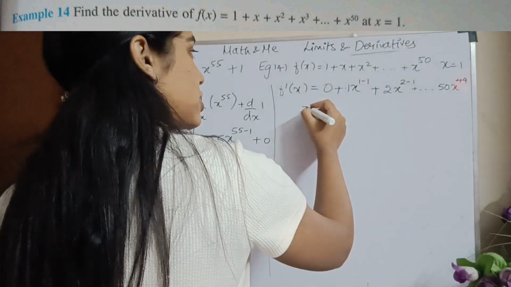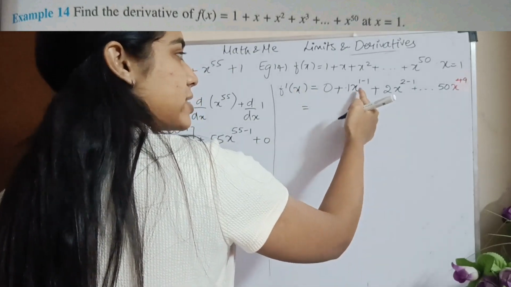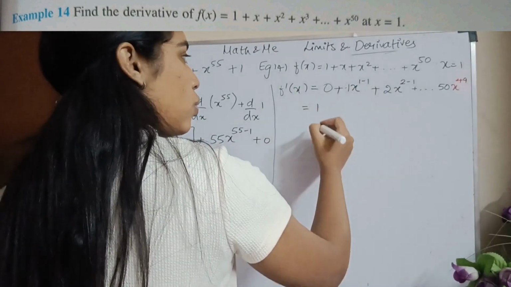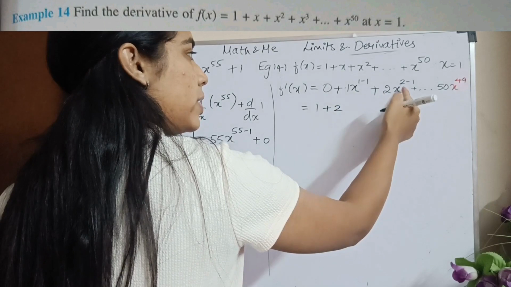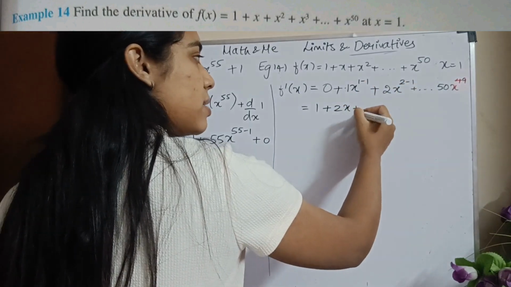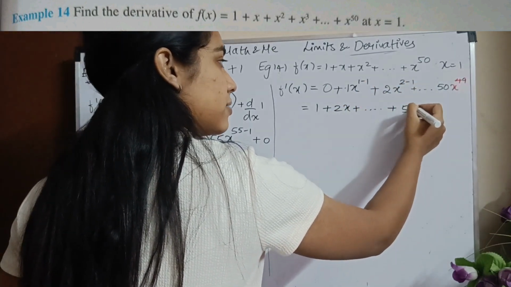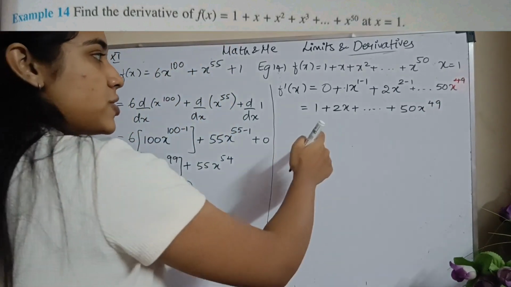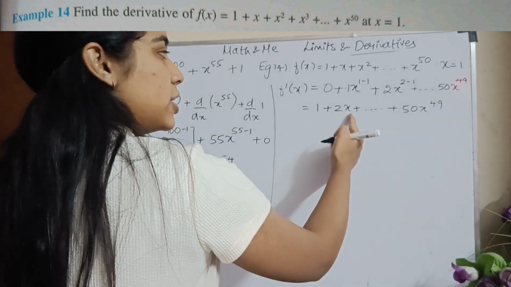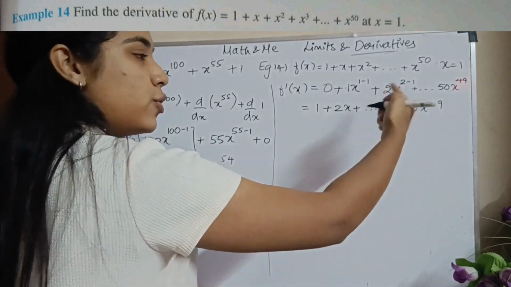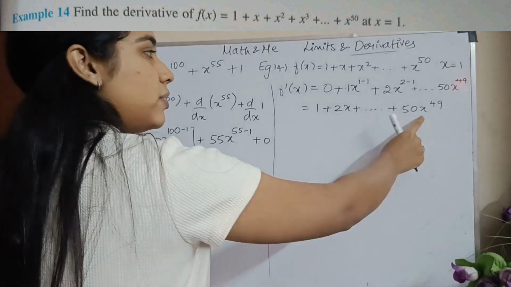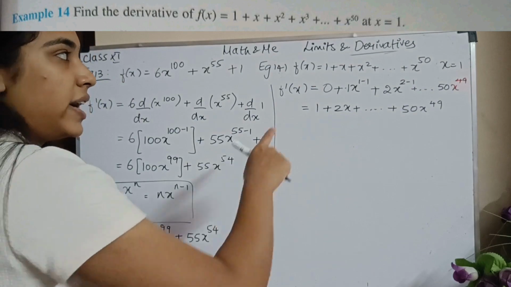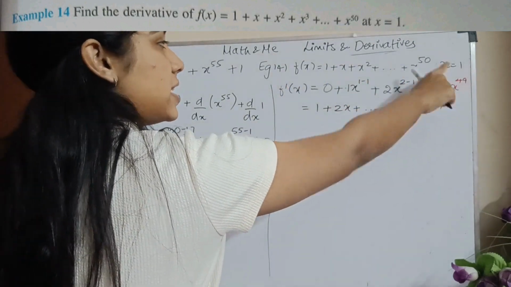So what is my f dash of x? 0 plus x to the power 0 is also a 1. So I have 1 plus 2 into x to the 2 minus 1, 2x, plus and so on plus 50 x to the power 49. Okay. So I have 1 plus 2x plus 3x square plus 4x cube and so on until 50x to the 49. Now you have to find the value of f dash of x at x is equal to 1.